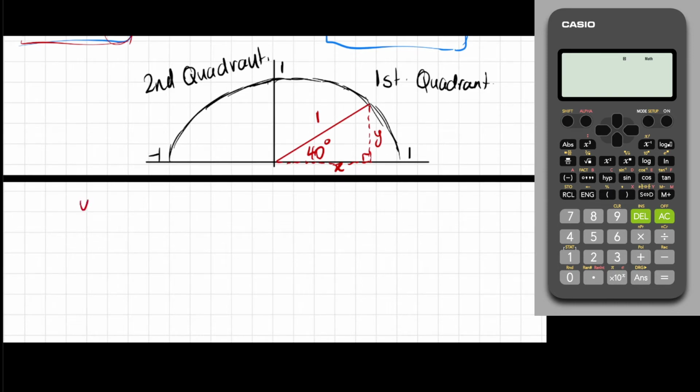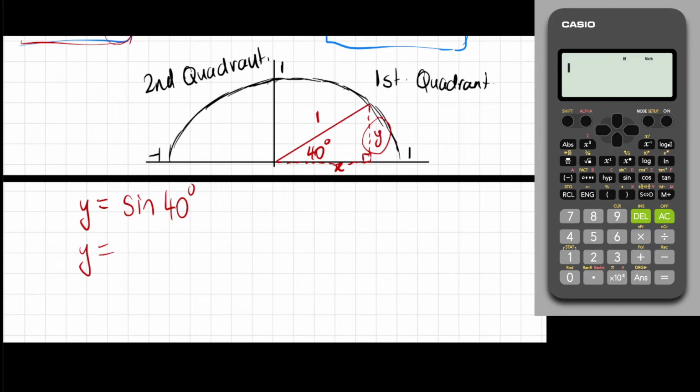So in this case, y is just equal to sine of my angle. And my angle in this case is 40 degrees, okay? So all I've done is said that this opposite side, and this all is due to the fact that this hypotenuse is equal to 1. So this wouldn't work if the hypotenuse wasn't equal to 1.